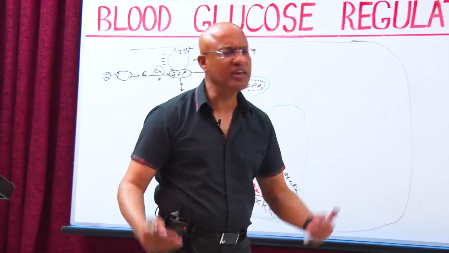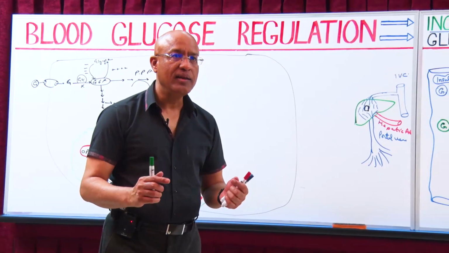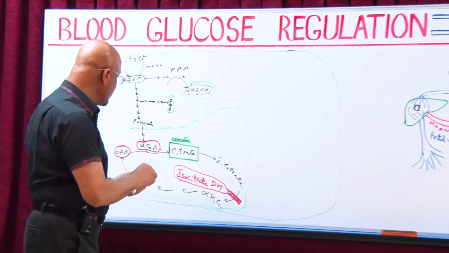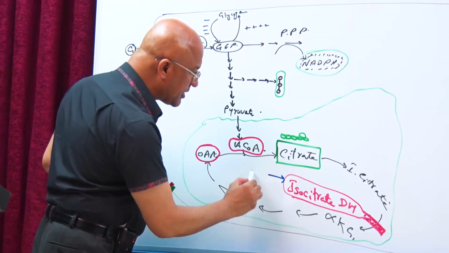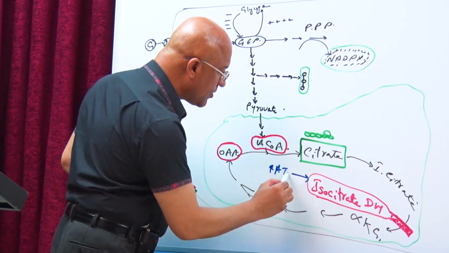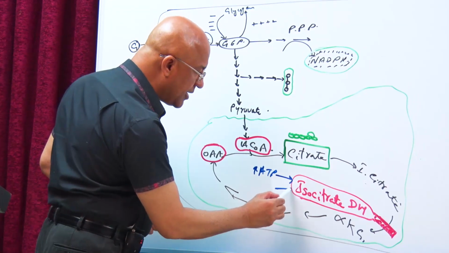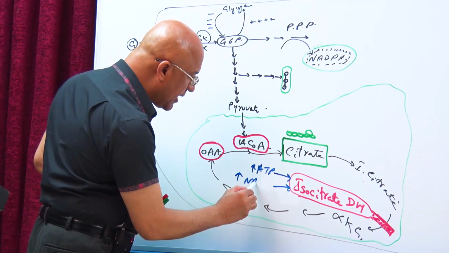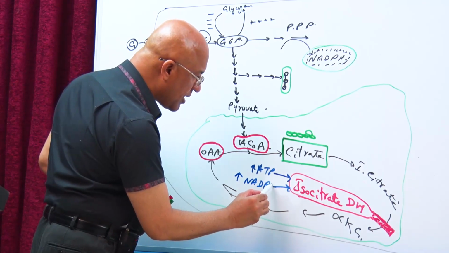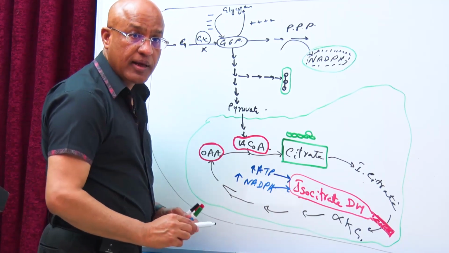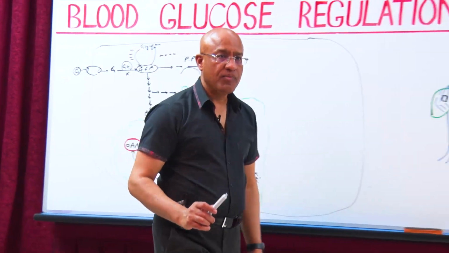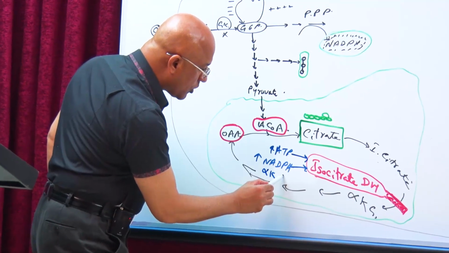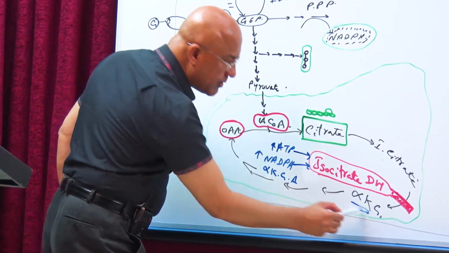Very simple. It should be inhibited when there are cues for high energy level in the cell. For example, what should inhibit it? It should be inhibited by high ATP. It should be inhibited by a high level of NADPH, right? It should be inhibited by its product, accumulation of alpha ketoglutaric acid, this one.